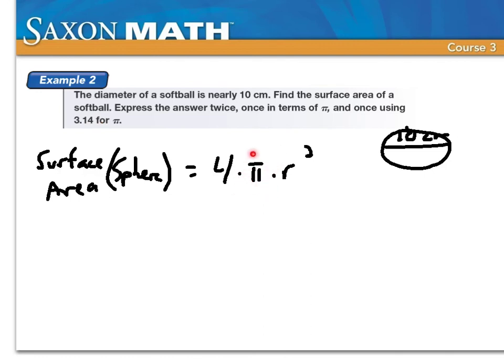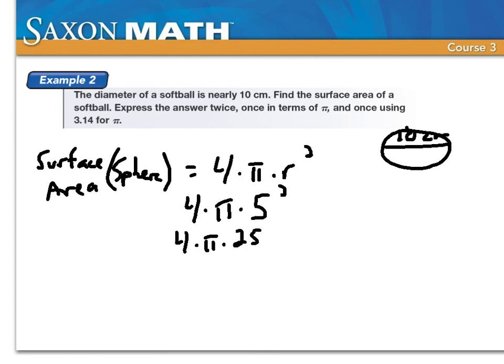Okay, so I'm going to first leave it with pi in the answer. So I'm going to do 4 times pi times my radius. Well, my radius in this case is 5, and it's the radius squared. Okay, again, diameter 10 means radius is 5. So now I got to do the exponent first.